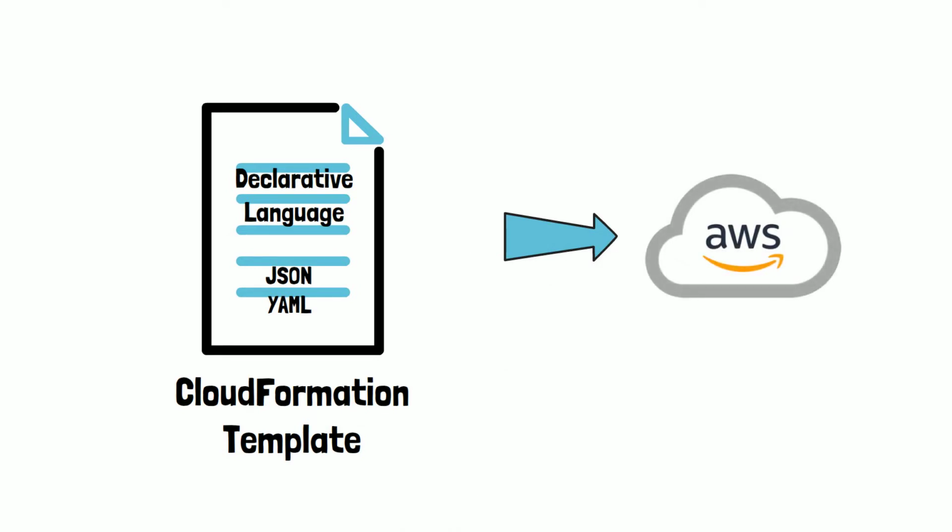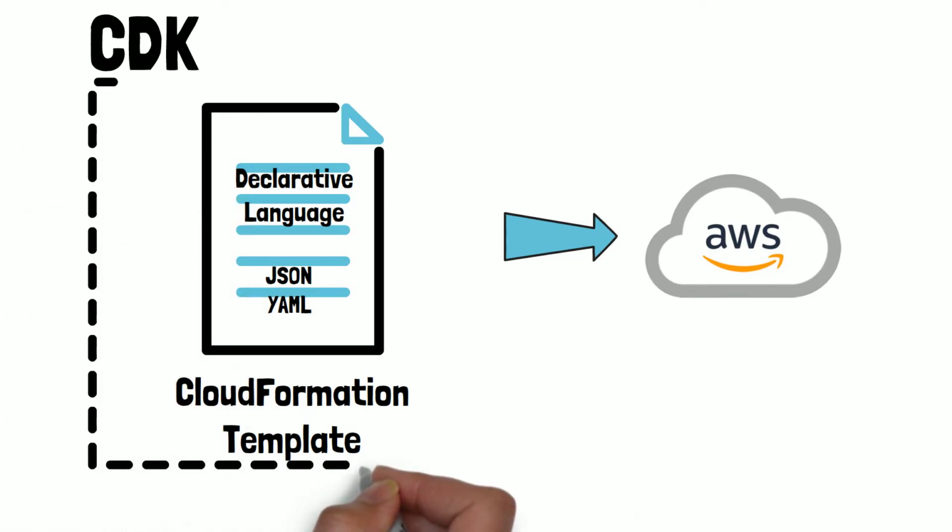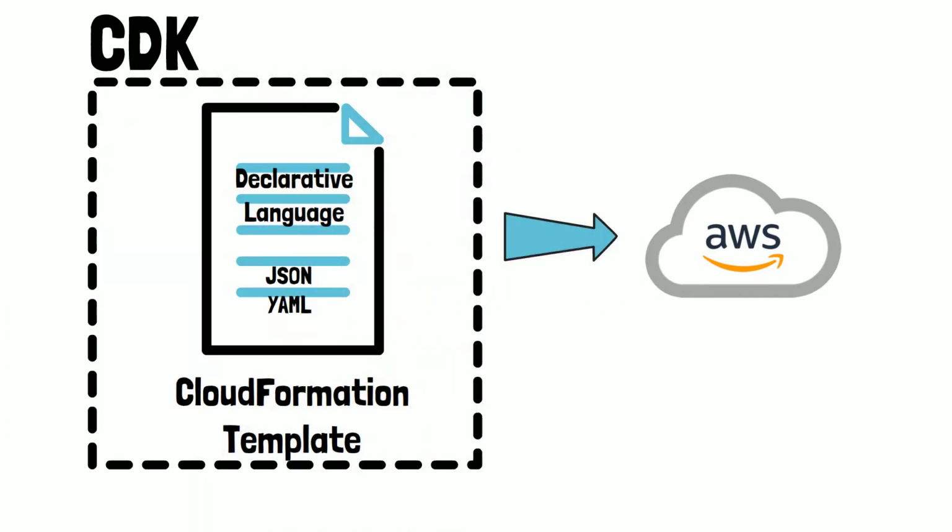In this video, we will go one step further and discuss AWS CDK, which is an abstraction built on top of CloudFormation templates. By the end of this video, you will understand what CDK is and why there was a need to create yet another abstraction over CloudFormation templates.